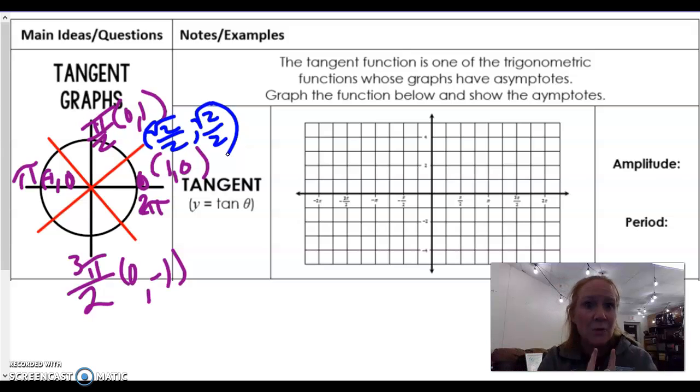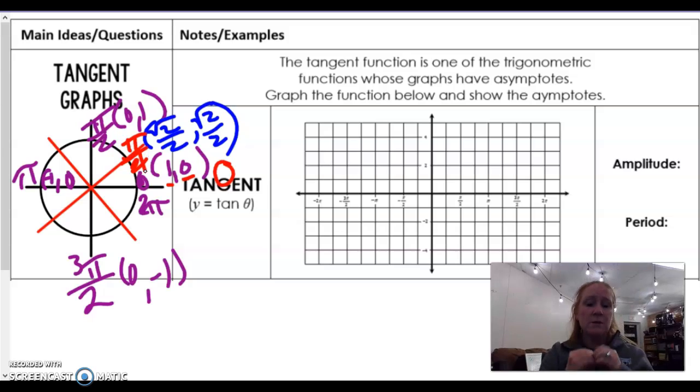Okay, so we're going to go through and find the slope, or the tangent, which is the y over the x value of all these things. I'll do that in red. At 0 or 2 pi, your tangent is y over x, so here 0 over 1 is 0. But then let's look at this. This is pi over 4.